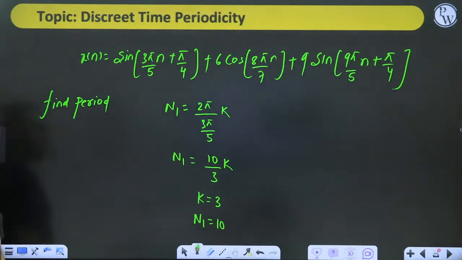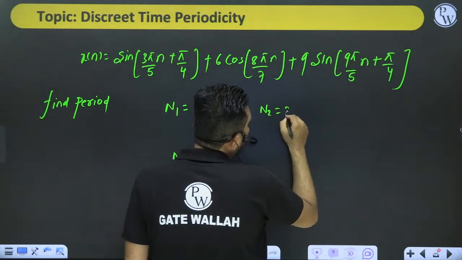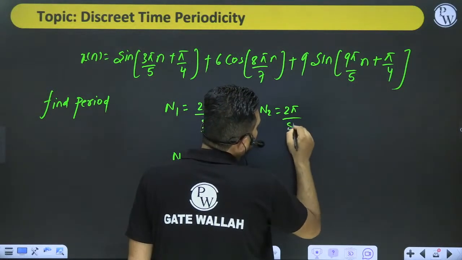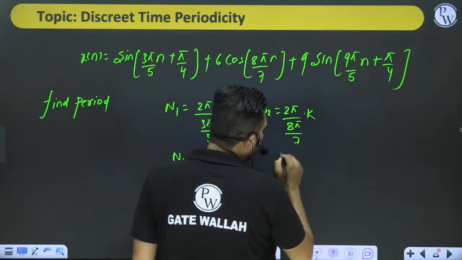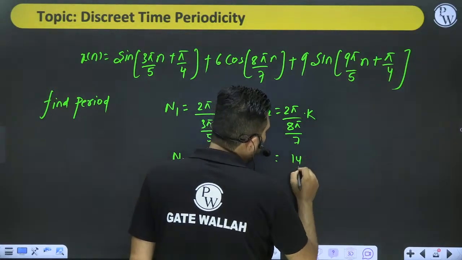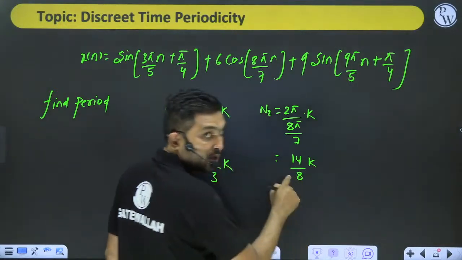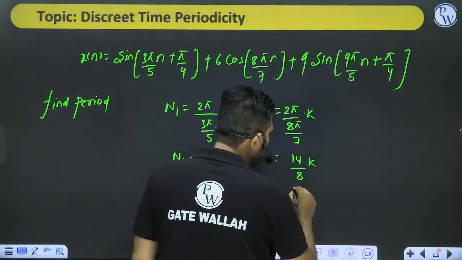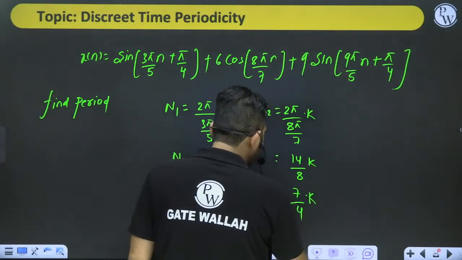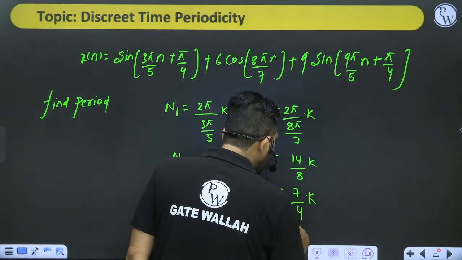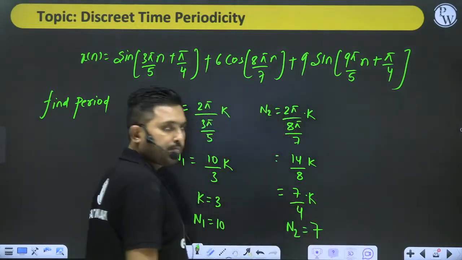Very simple. N2 is 2 pi by 8 pi by 7 into k. So it is 14 by 8 into k, or you have to remove the common factor, so 7 by 4 into k, and hence when k is 4, directly I am writing N2 to be 7.